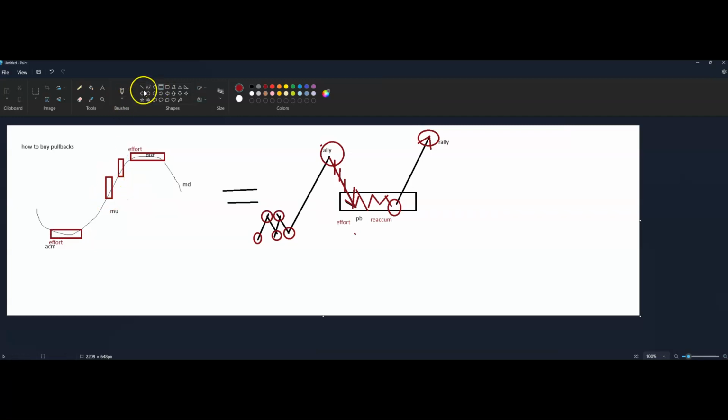You'll see, for example, on the higher highs, this has, say, 10, and this has, say, 15. And you're wondering, why the hell does this have more effort than this, and less range? And the answer is there's distribution or bag holding or selling coming into the market.